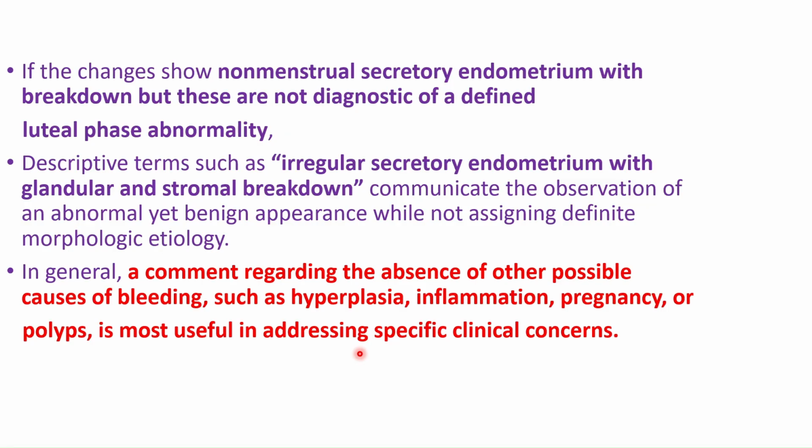So this will communicate the observation of an abnormal yet benign appearance while not assigning a definite morphological etiology. In general, a comment regarding the absence of other possible causes of bleeding such as hyperplasia, inflammation, pregnancy, polyp is most useful in addressing specific clinical concern.